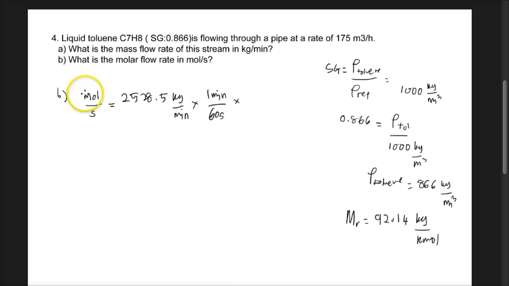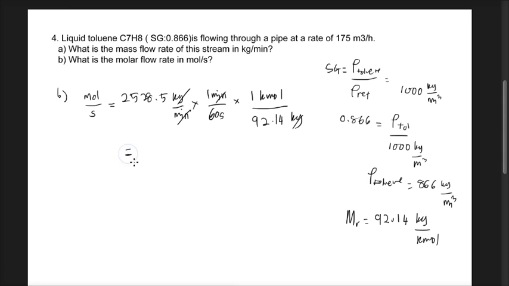To get mole per second, we need to divide by the molecular weight, so we get 1 kilomole over 92.14 kg. We can cancel out the minutes and the kilogram, and in the end we get kilomole per second.